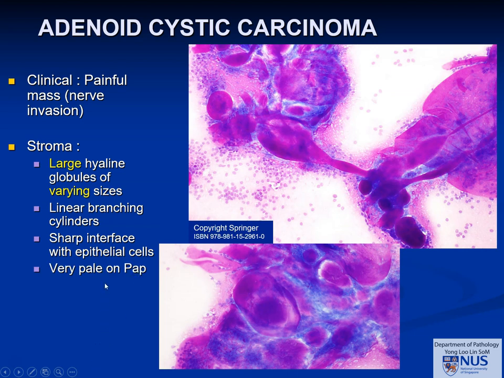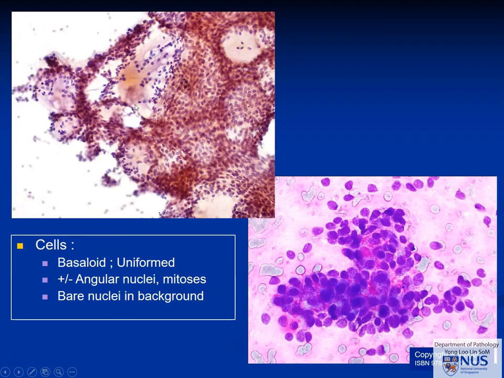Also, it is important to note that this stroma tends to be very pale on the Pap stain, so you have to actually actively look for it. In fact, in this tissue fragment, we can appreciate a sort of cruciform appearance. The cells themselves can be fairly uniform.